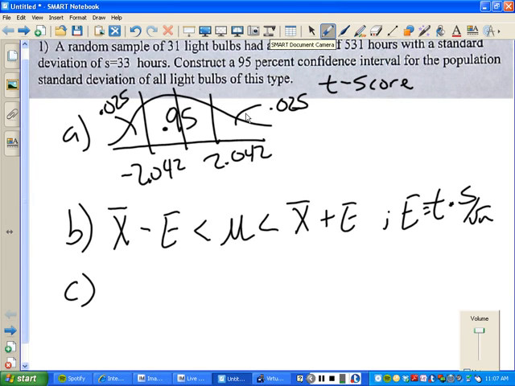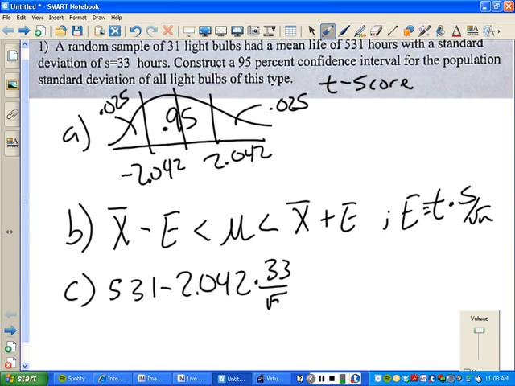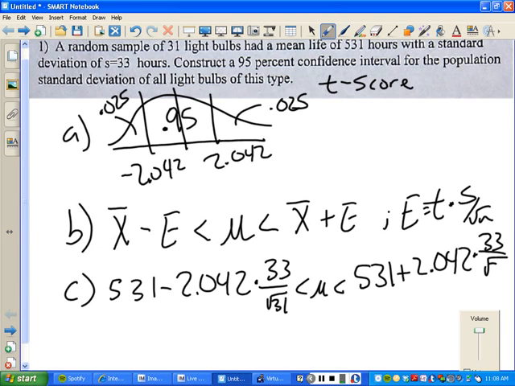So, we're going to have to do 531 minus 2.042 times 33 over the square root of 31, is less than mu, which is less than 531 plus 2.042 times 33 over the square root of 31.